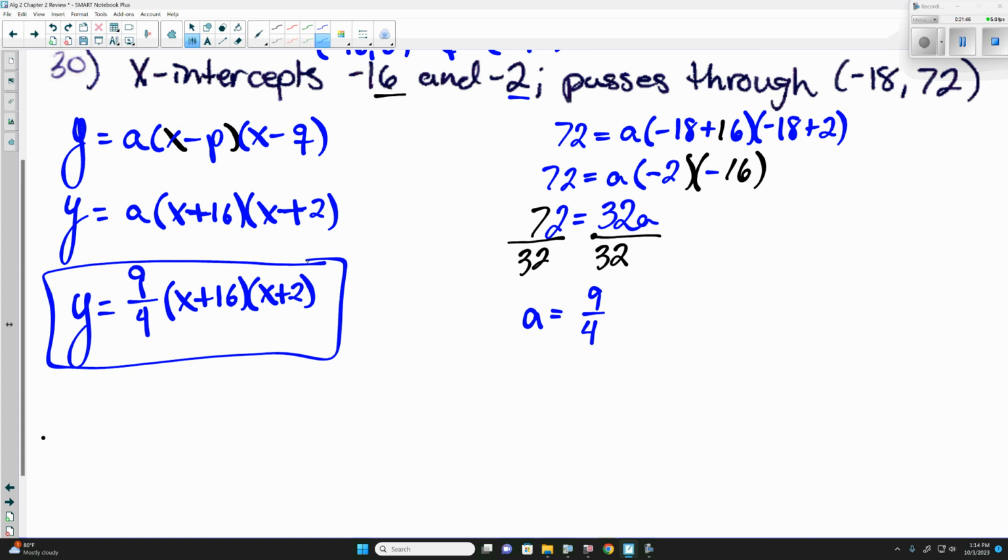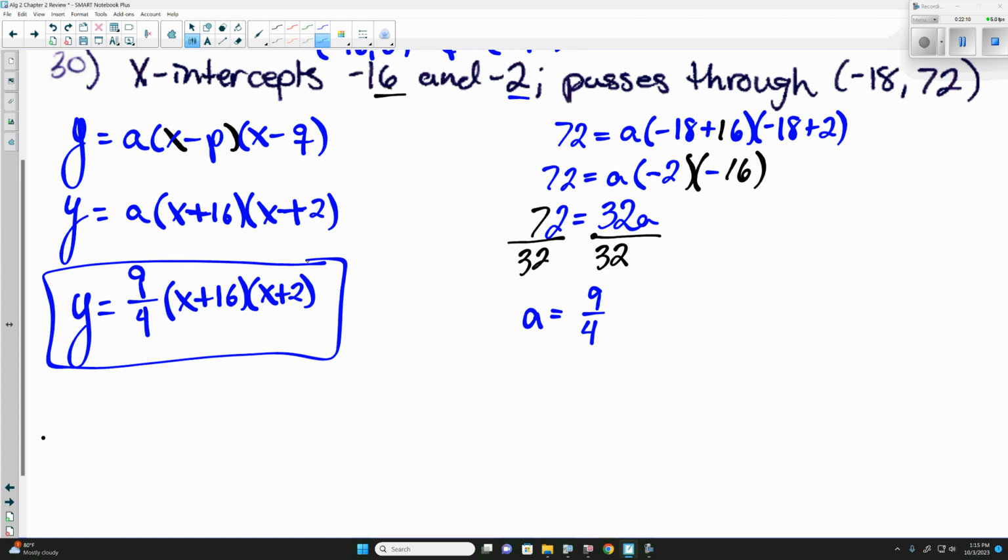Questions on these here so far? Any questions on x-intercepts or vertex? So really it's the middle equations we can use. How do we find the a?